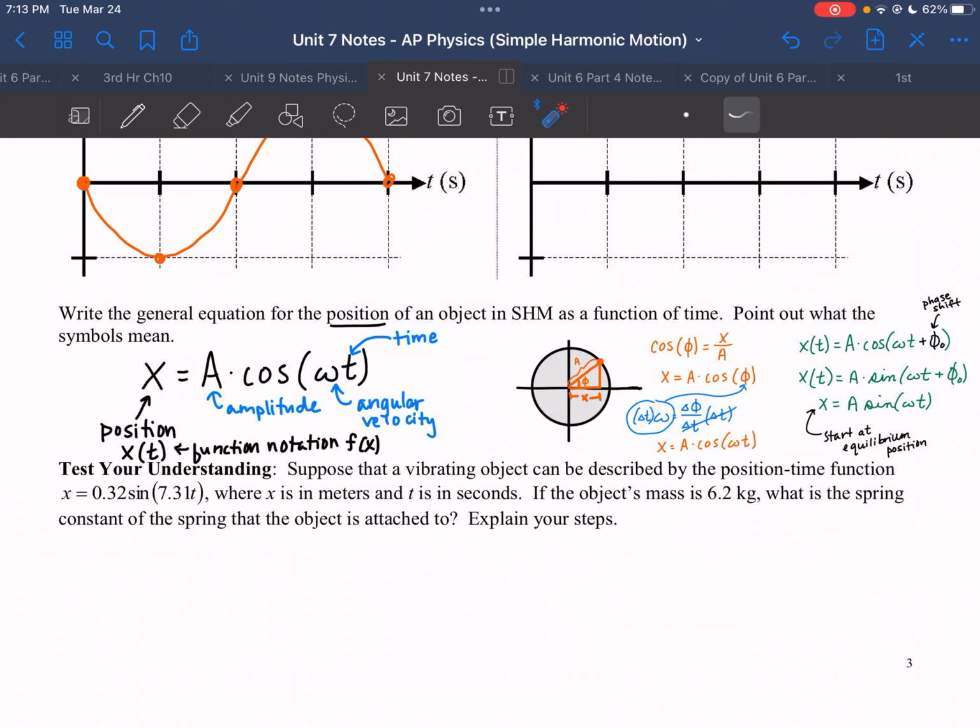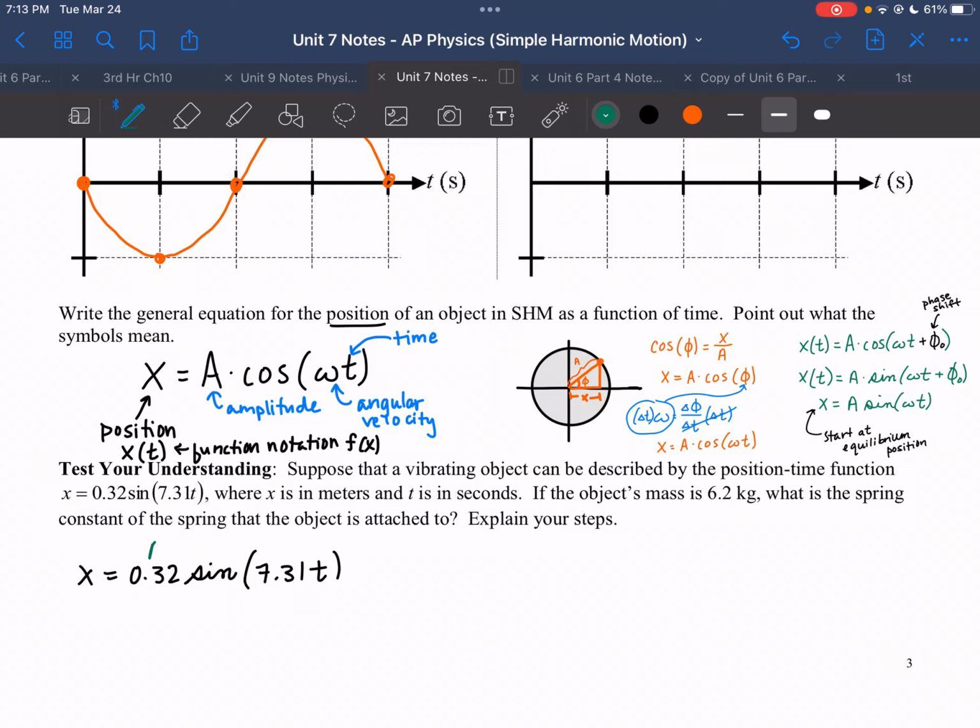All right, so let's do your test for understanding here. Suppose that a vibrating object can be described by the position time function as follows. This equation is typically written out for you. You just have to apply it. So we have x is equal to 0.32 times the sine of 7.31 t. Again, it's a function of time, which is why that t is there.